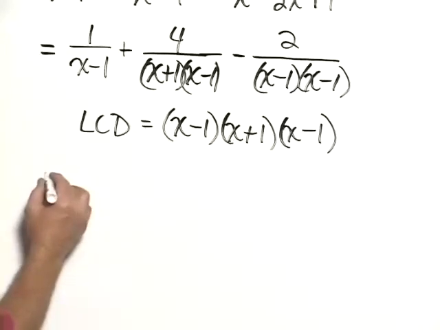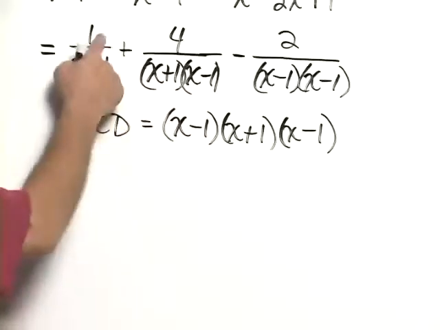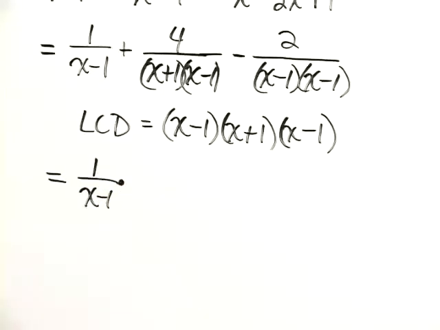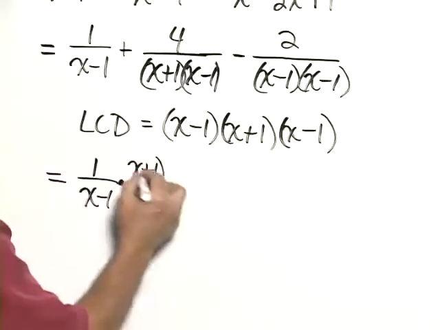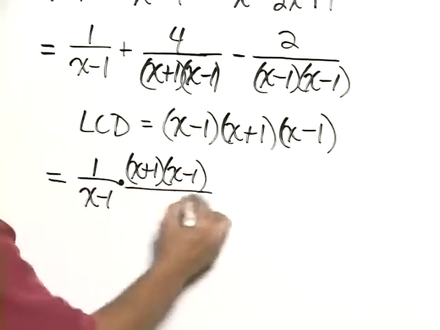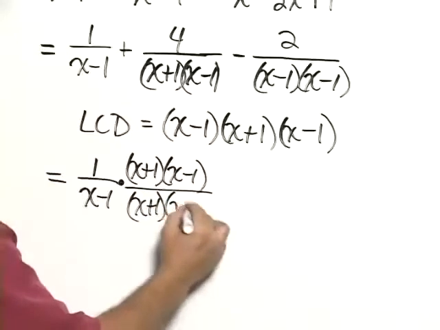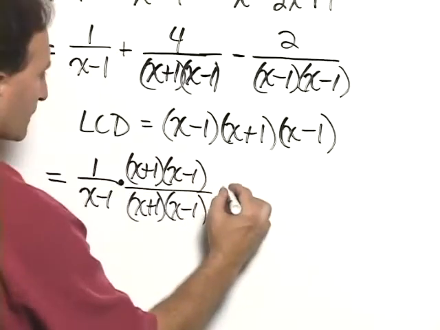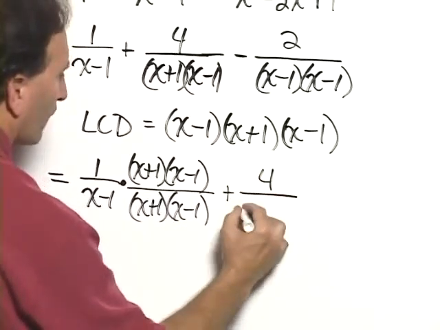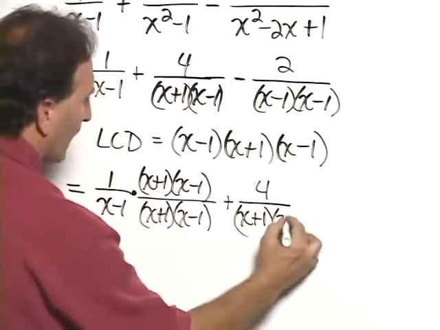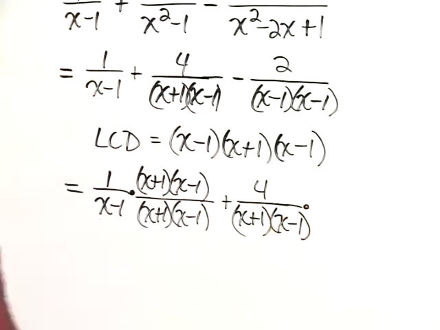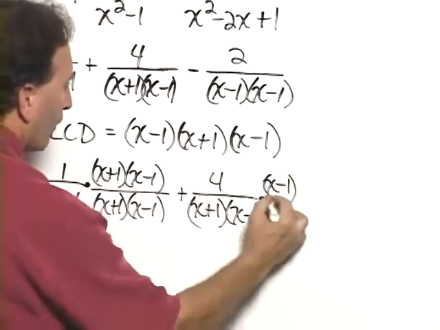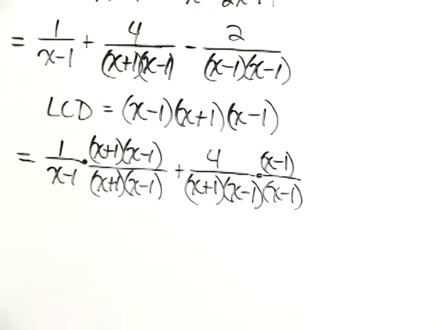Now, we need to convert each of these rational expressions to an equivalent expression with the LCD as its denominator. And so, for this rational expression, 1 over x minus 1, we would have to multiply by x plus 1 times x minus 1 in both the numerator and the denominator. For the next rational expression, 4 over x plus 1 times x minus 1, we would have to multiply by x minus 1 over x minus 1.